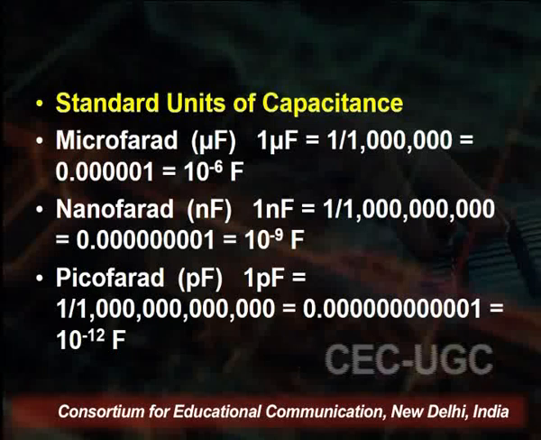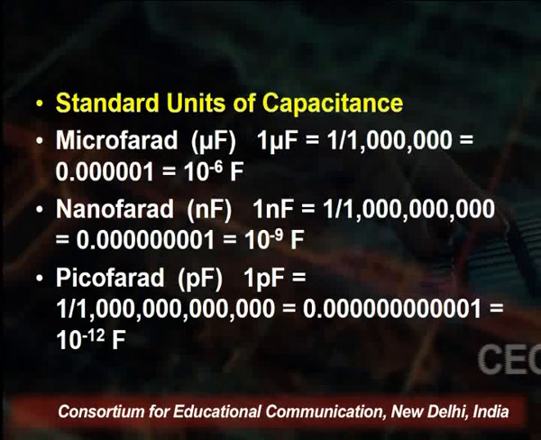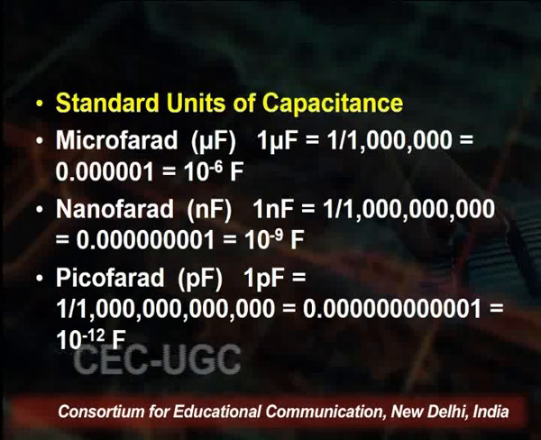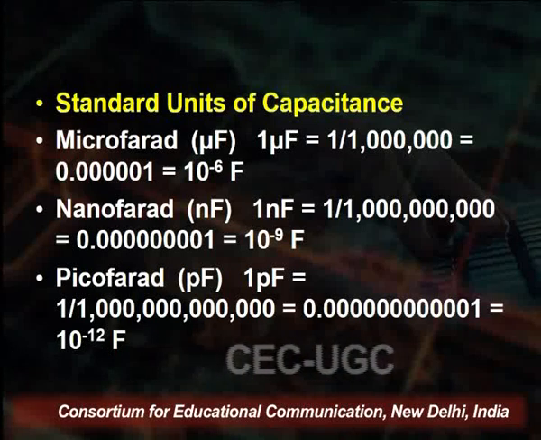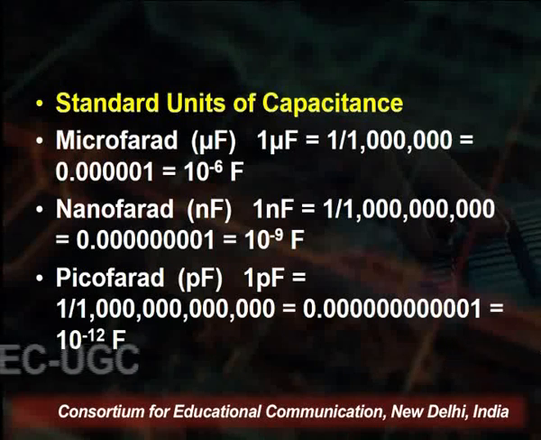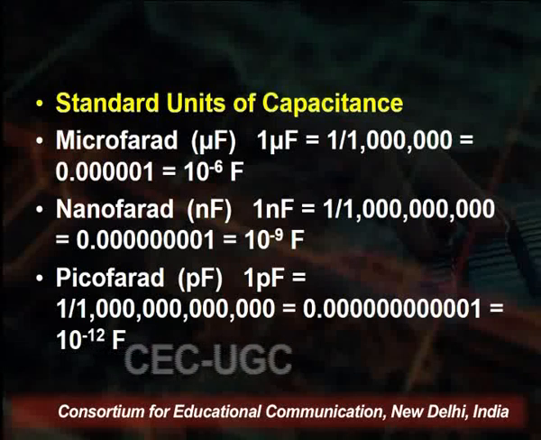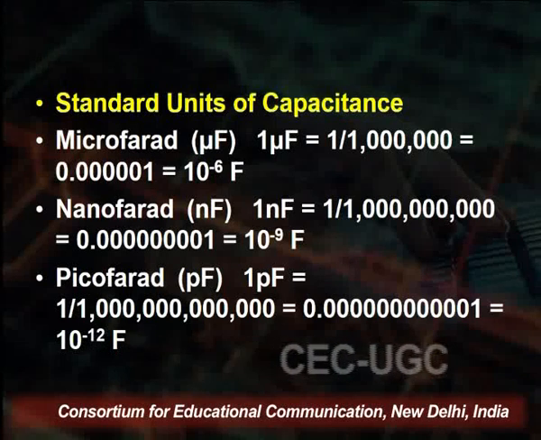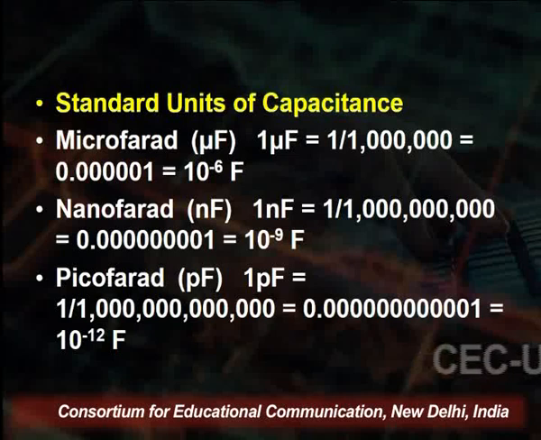The nanofarad is represented by nF, and its value is 10 to the power minus 9 farad. The picofarad is represented by pF, and its value is 10 to the power minus 12 farad. So these are the standard units of capacitance: the microfarad, nanofarad, and picofarad.